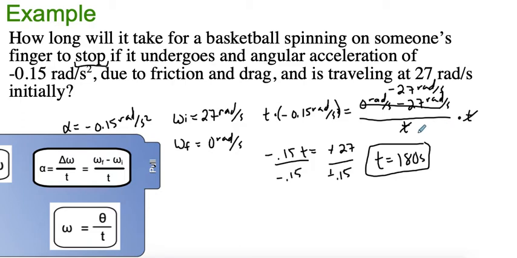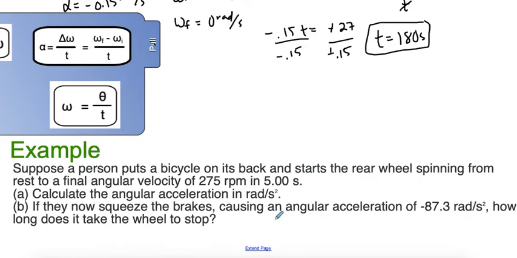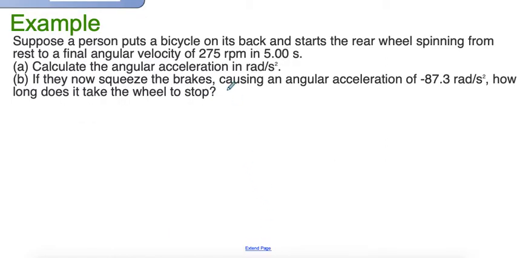Let's check out another one. So down here, we have a person who flips their bicycle over and starts the rear wheel spinning from rest. Okay, so that's a key word. To a final angular velocity of 275 rotations per minute in 5 seconds. Calculate the angular acceleration in radians per second squared.